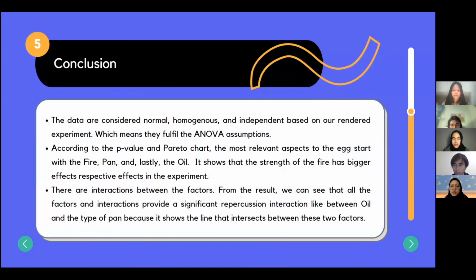It shows that the strength of the fire has the biggest effect in the experiment. And third, there are interactions between the factors. From the result, we can see that there is a significant interaction between oil and the type of pan because the lines intersect between these two factors. Next.